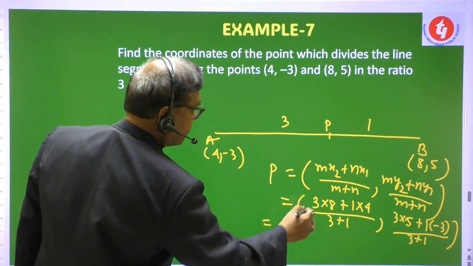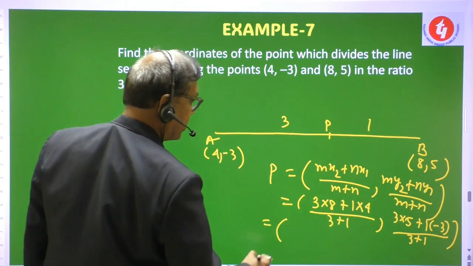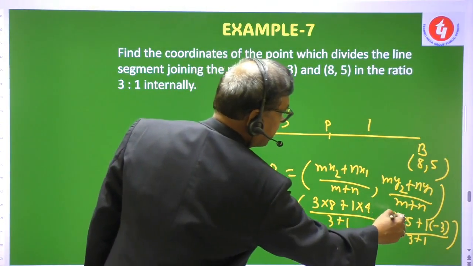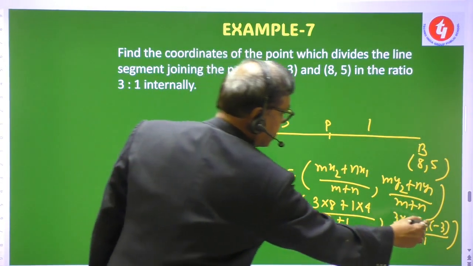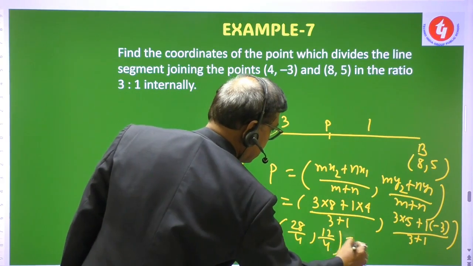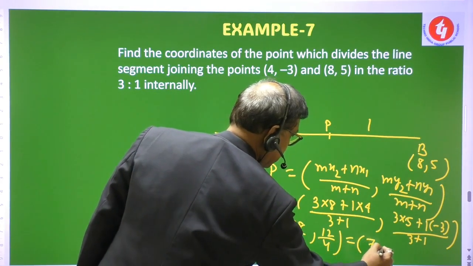So this result implies (24 plus 4) that is 28 upon 4, comma, (15 minus 3) that is 12 upon 4, and this implies (7, 3).